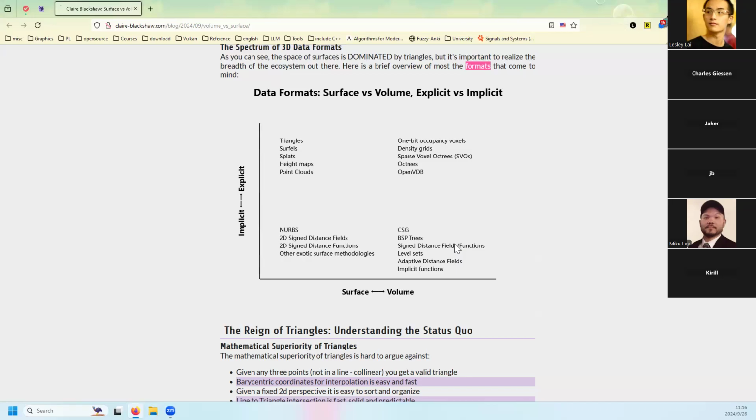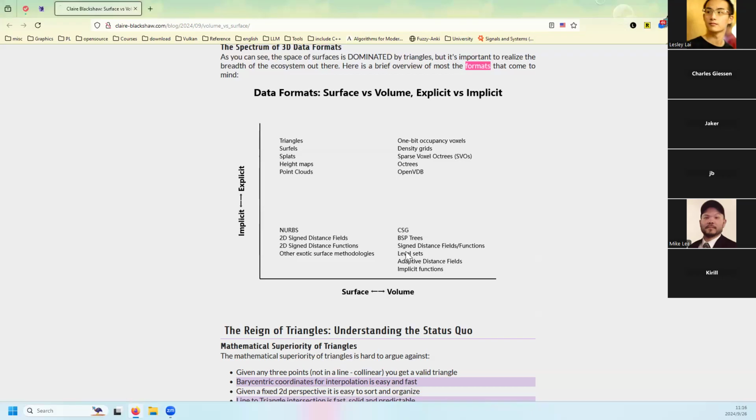SDFs. It's interesting they put SDFs in both surface and volume, but I guess it's correct. It's just how you interpret the SDF. Level sets.